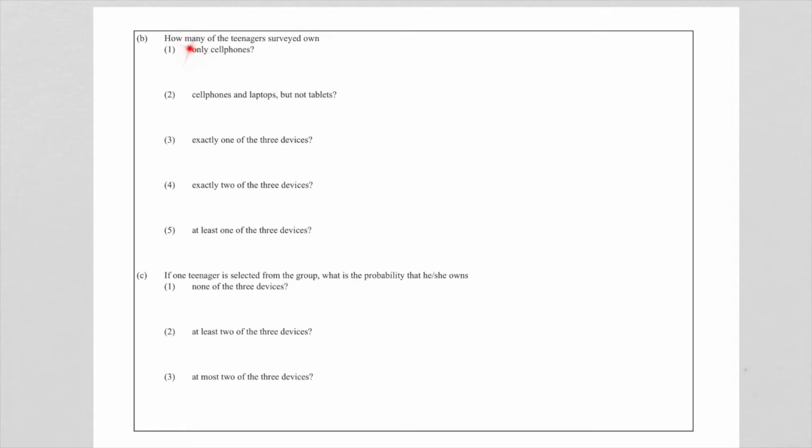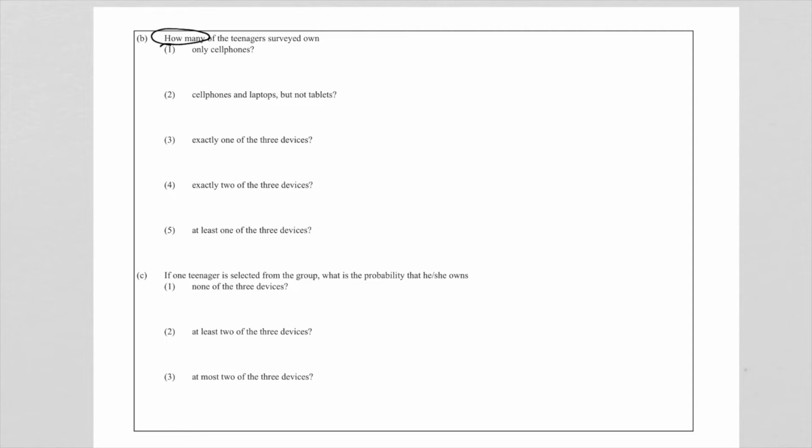And this how many is applicable to all 5 of these questions. Remember, how many means a number. So they are not asking us to find a probability. They ask us just a number. Now, those numbers inside our Venn diagram, that is what we're going to use. We just need to find where we will get it.